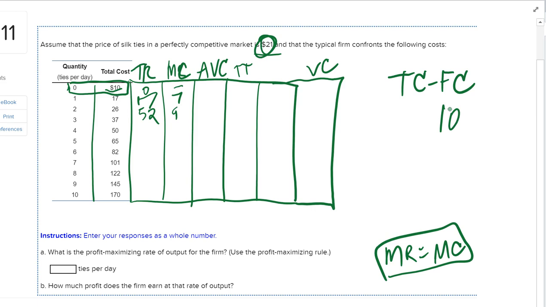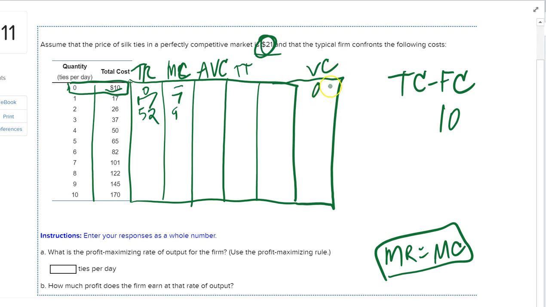If I'm producing 0 units of output, I'm not engaged in anything that would require variable cost. So my total cost minus fixed cost. At every stage, my variable cost is my total minus 10. Hope that makes sense. So total cost minus 10 is 0 variable cost for that 0 units.